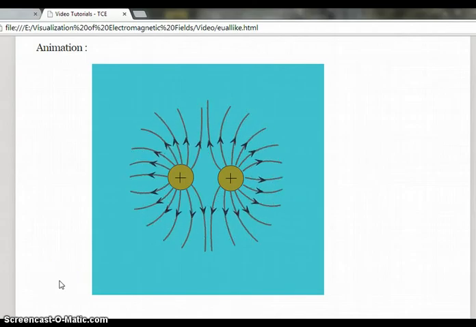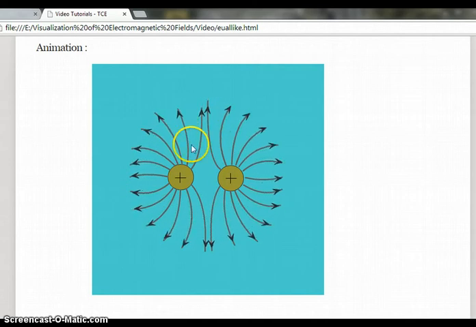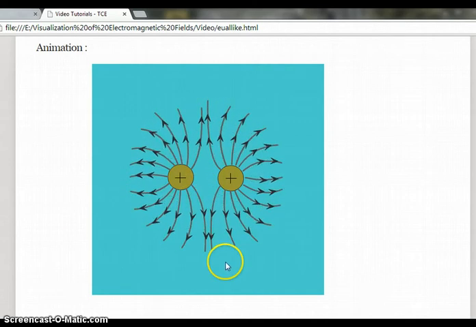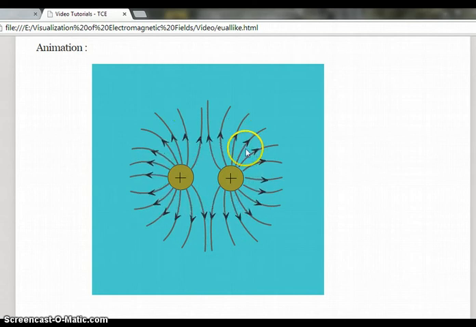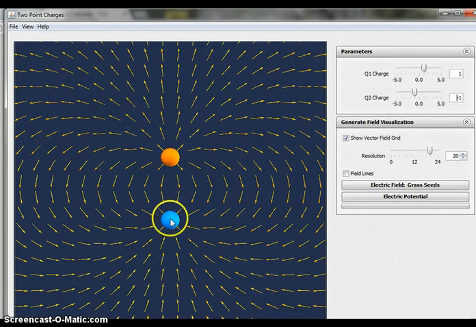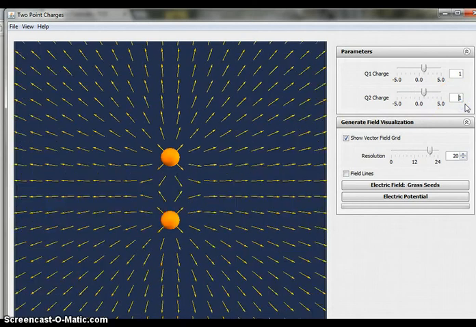In case I have two like charges, we can see in this area the electric fields are repelling each other. There is a repulsive force created between the two like charges, and I can visualize the same in this animation also. If I replace it with 1, you can see that the fields are starting from here and also from here, and here we experience a simple repulsive force where there is a divergence.